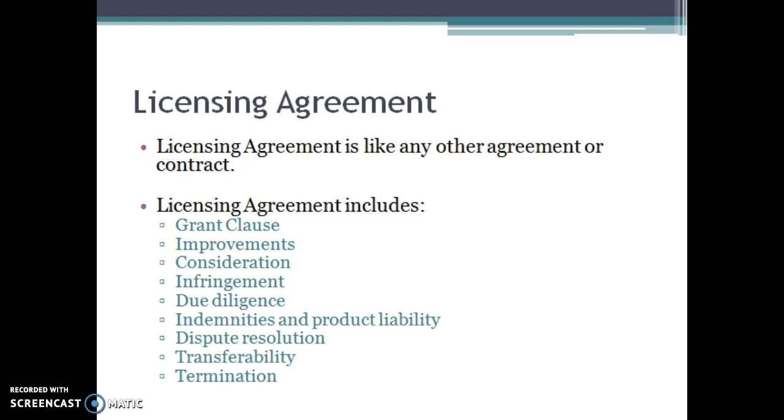Improvements. Do the people that you are licensing your intellectual property to have the right to make improvements on the technology or on the patent or whatever it may be that you're licensing? Or is that only for the owner to do, for the licensor to do? Then you have the transferability, which basically allows the licensee to assign the intellectual property.